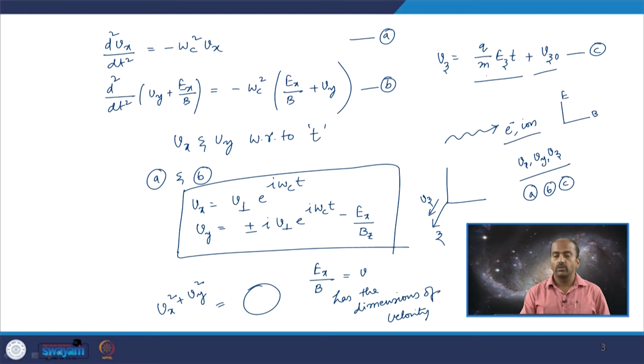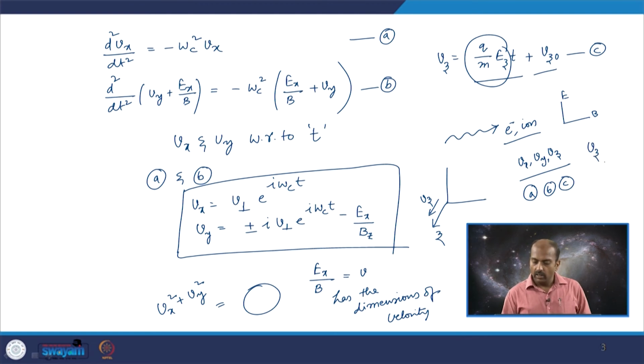This is just y equals mx, a linearly changing parameter. Vz depends on the charge, the mass, and the electric field.